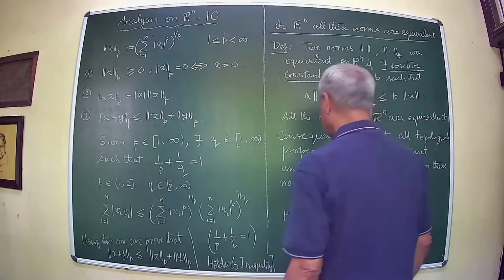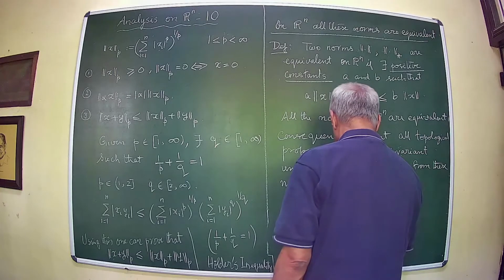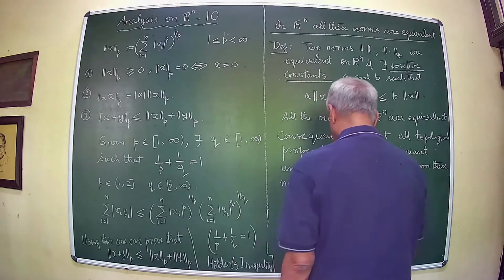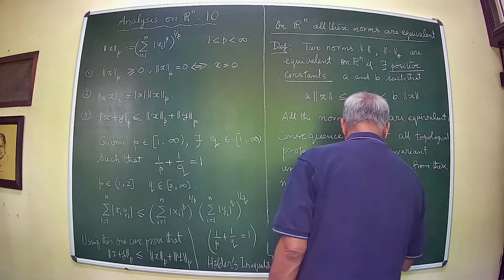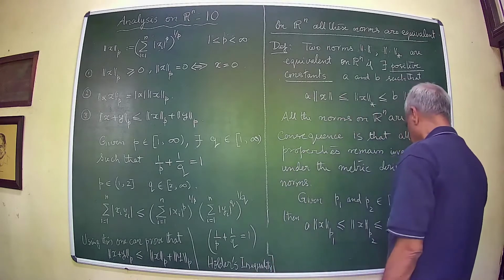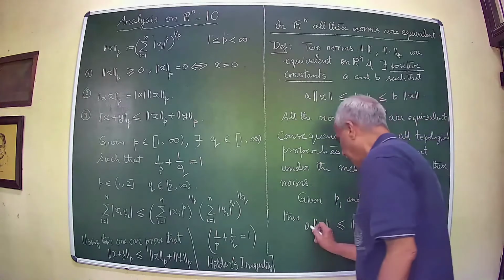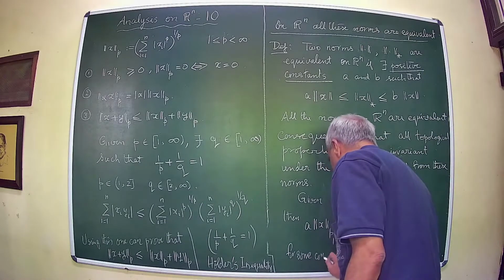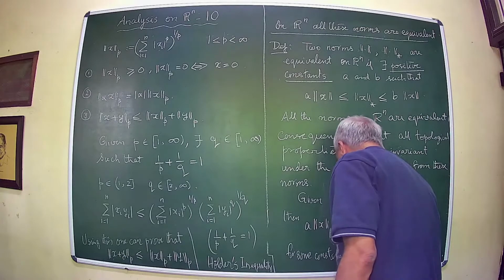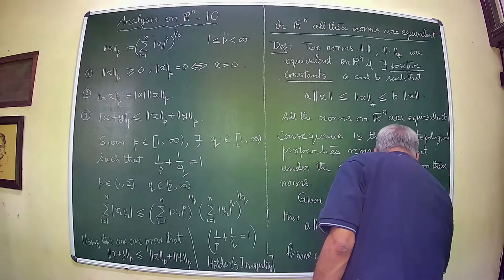Then you see that norm of P1, where A and B are some constants, A positive and B positive.